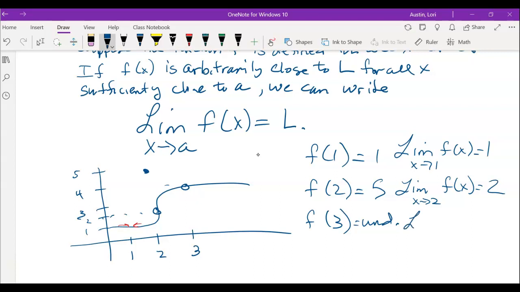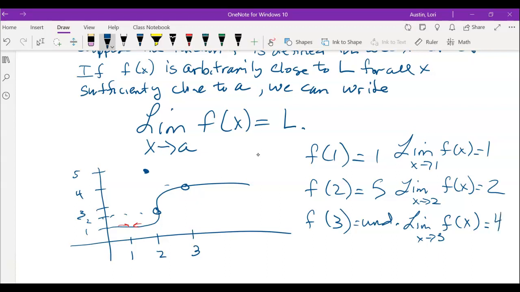And what's the limit as x approaches 3? You can see it, right? What's the limit? It's 4.